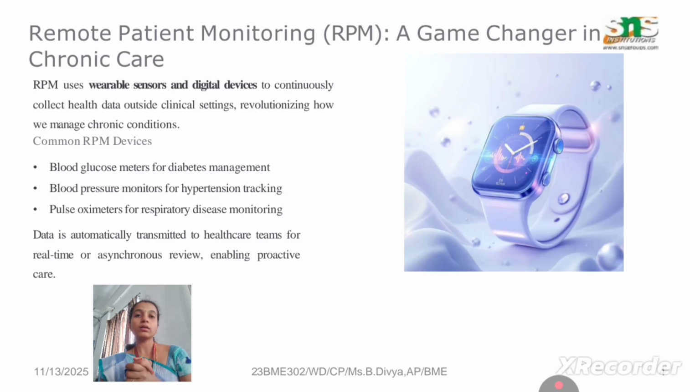Common RPM devices: one example I mentioned is the smartwatch, which can identify these vital parameters. We also have specific meters to identify specific things. A blood glucose meter is for diabetes management, blood pressure monitoring is for hypertension tracking, and a pulse oximeter is for respiratory disease monitoring.